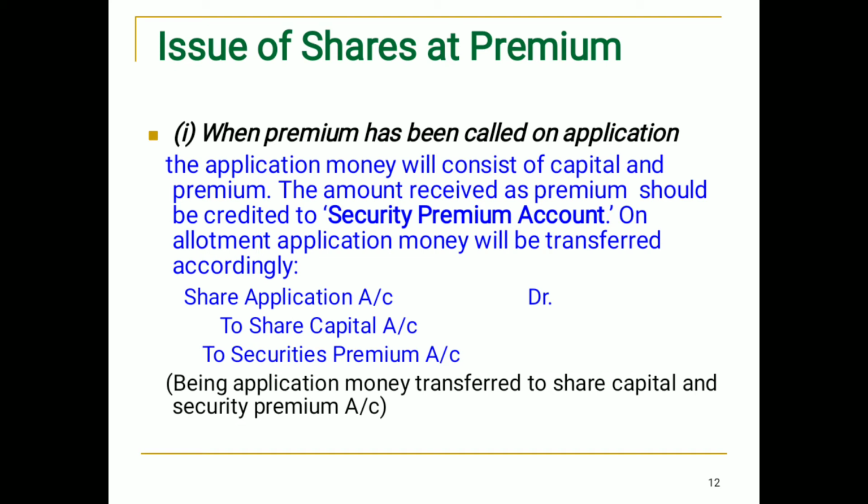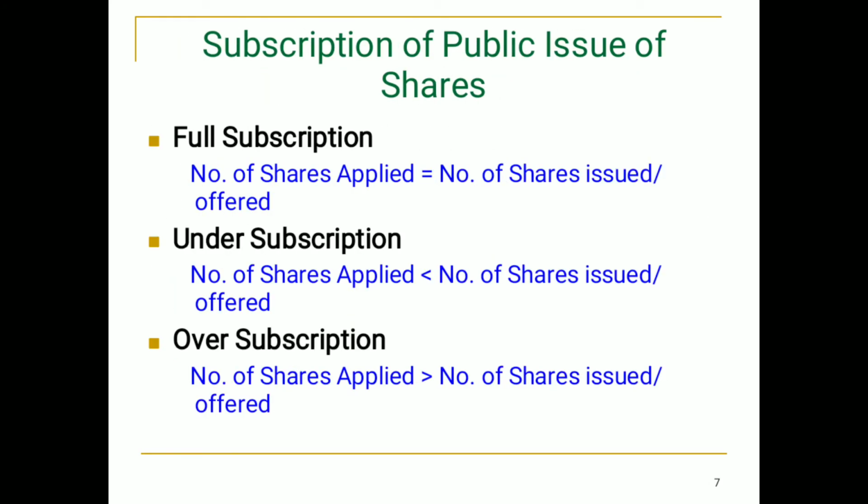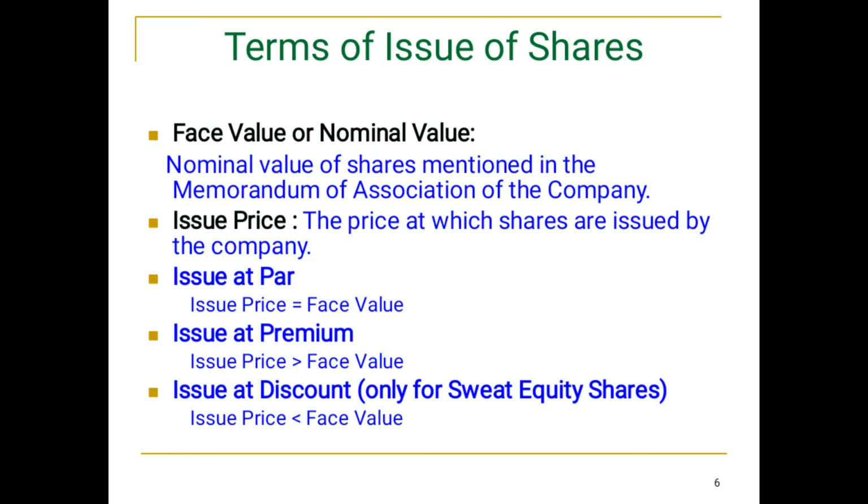Alright, so here comes the second topic, which says issue of shares at premium. So what does this mean? We have understood a concept here, issue of shares at par. Let us consider the same example.